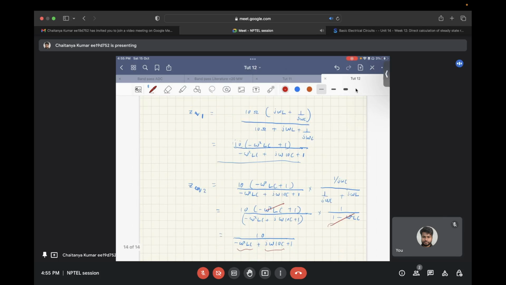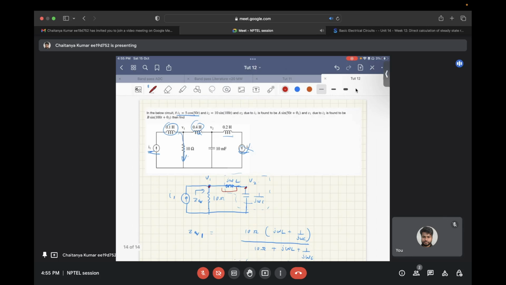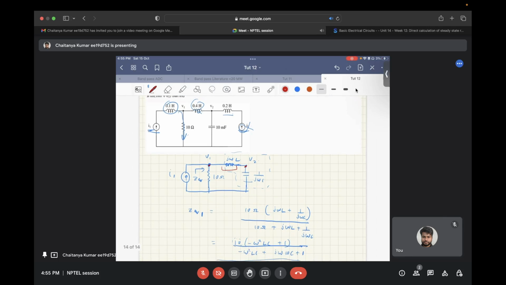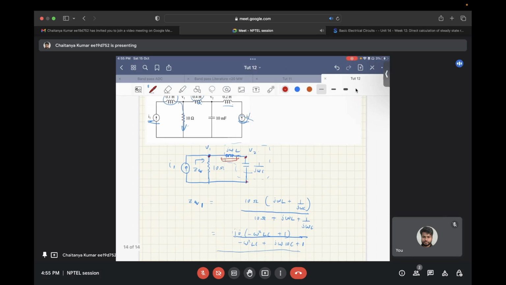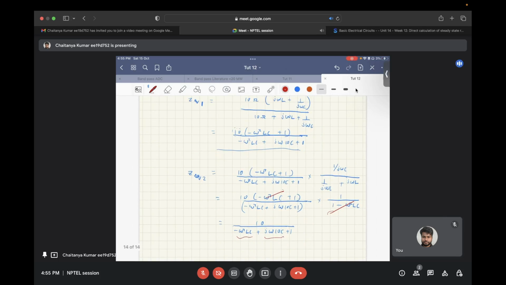So this is correct for low frequencies. For very high frequencies, the impedance due to the inductance will be infinity, and the impedance due to the capacitance will be 0. So the voltage developed at V2 will go to 0, and that is what we see from the expression also. The omega square LC term will become infinite, and 1 upon infinity will become 0.